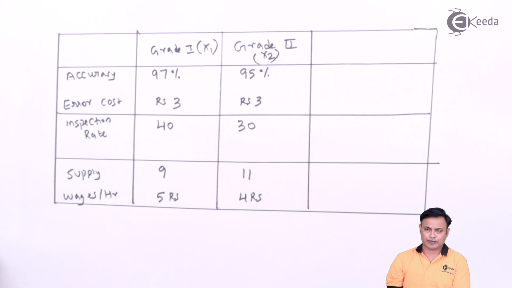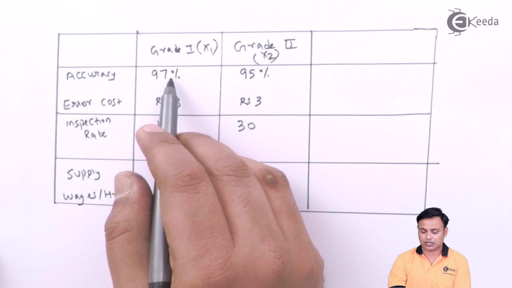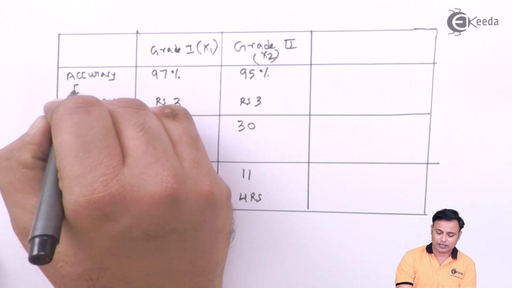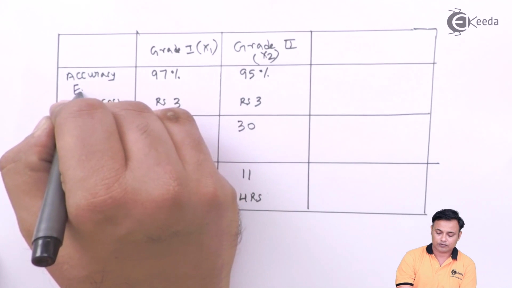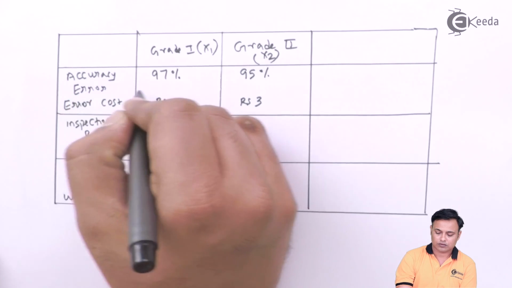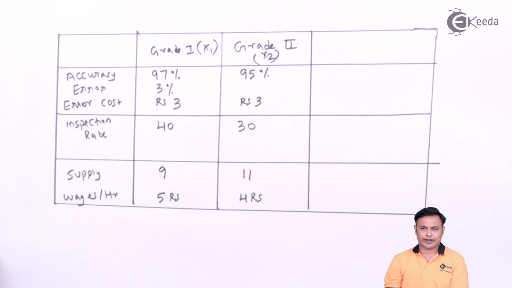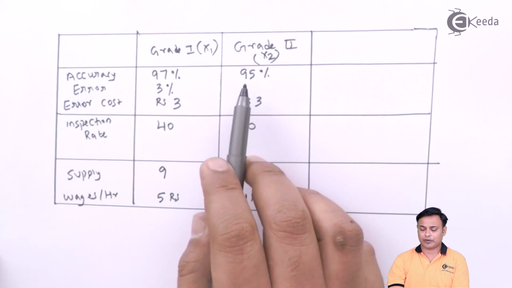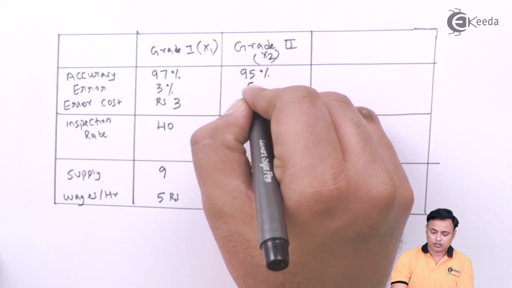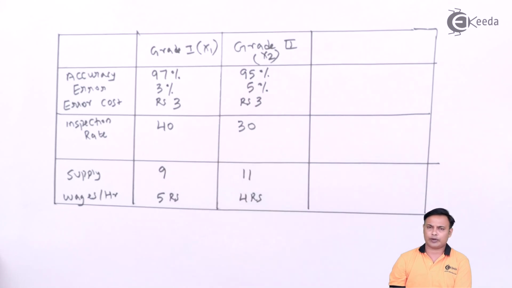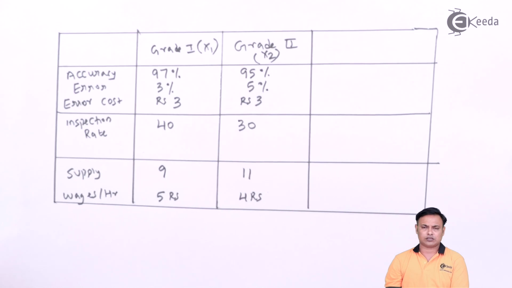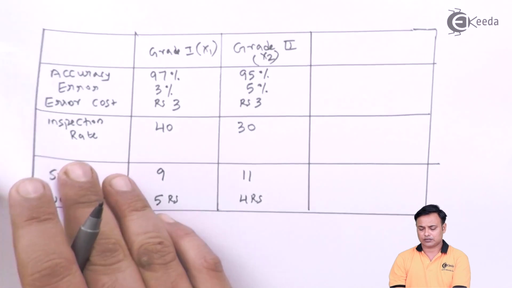And because grade 1 inspectors have a 97% accuracy, means they have an error of 3%. For grade 2 we have accuracy of 95%, that means 5% chance of committing the error. Now this is the basic table. Now we'll note down the assumption first.